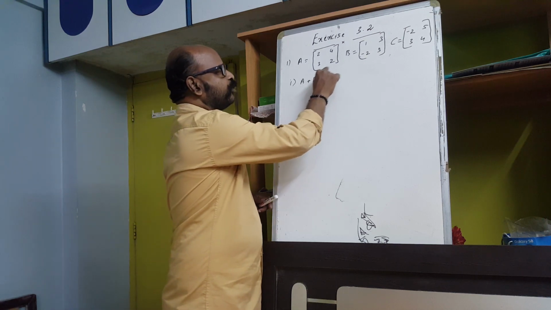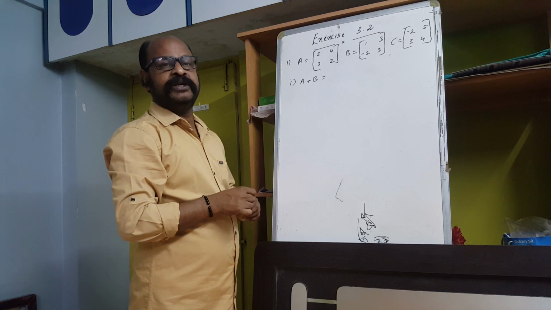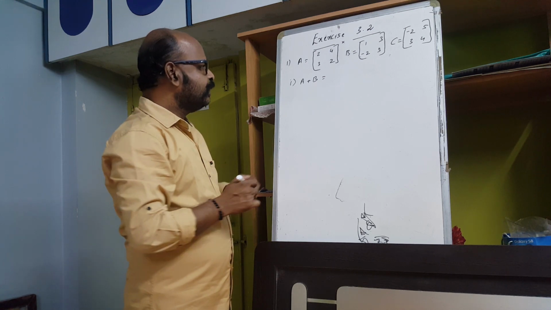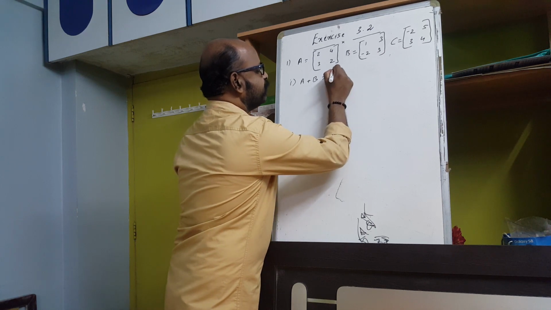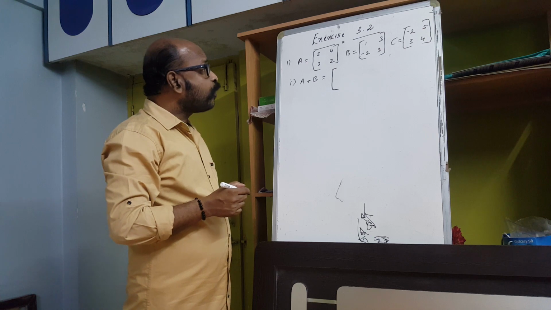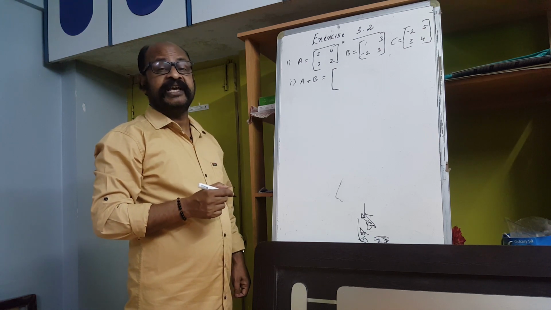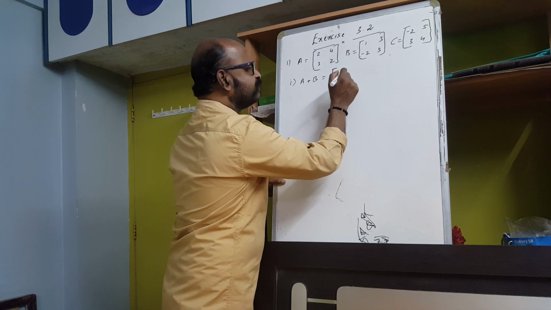Here A is of order 2 by 2, B is of order 2 by 2, so A plus B is possible. A plus B is the matrix obtained by adding the corresponding elements of A and B. As it is the first question, we just write it.